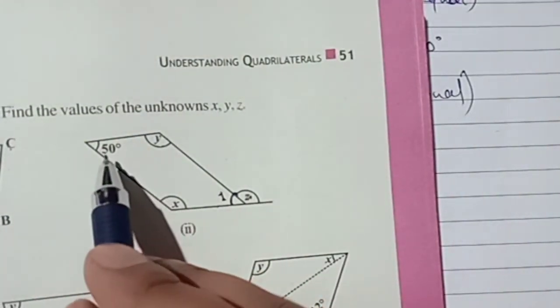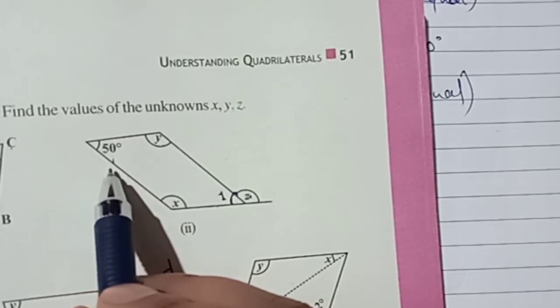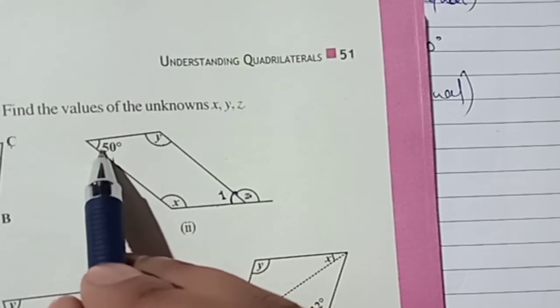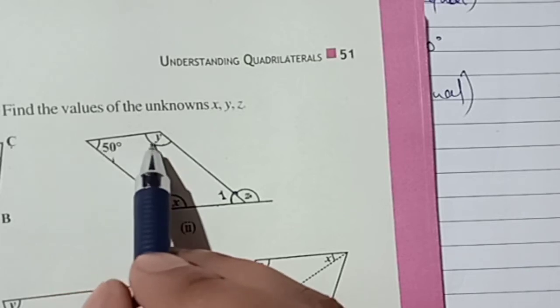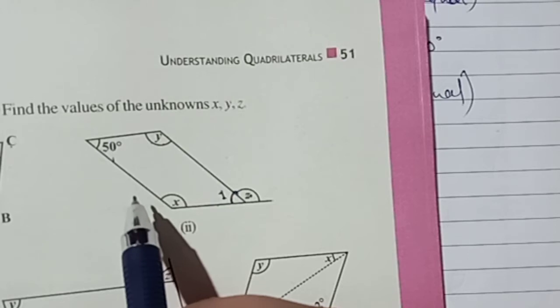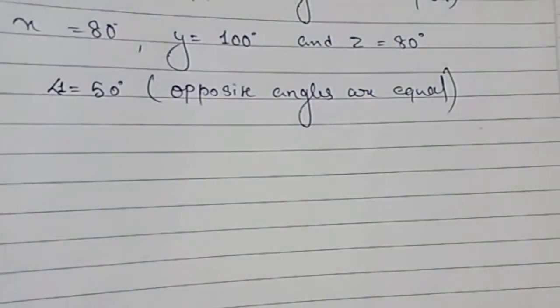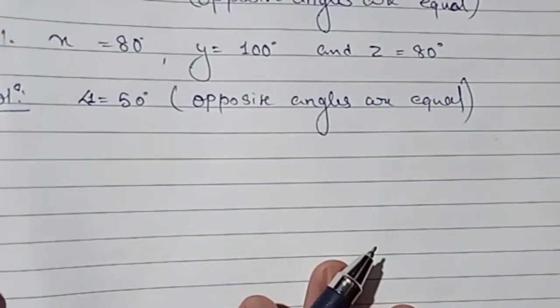Next, either we can take x plus 50 degrees equal to 180 degree, adjacent angles are supplementary, or we can take 50 degrees equal to y. That is also adjacent angles are supplementary. Either we can take with x or with y. So let's take with x.